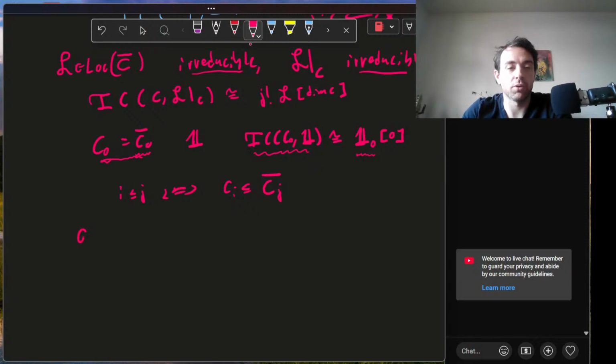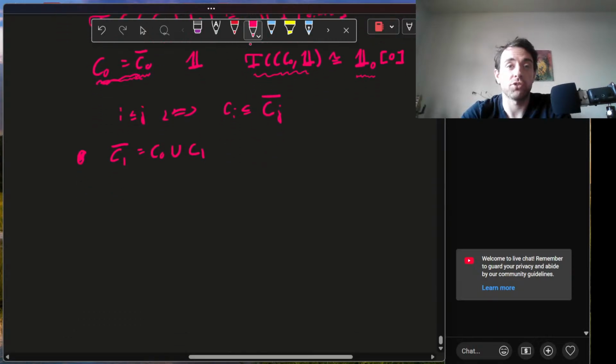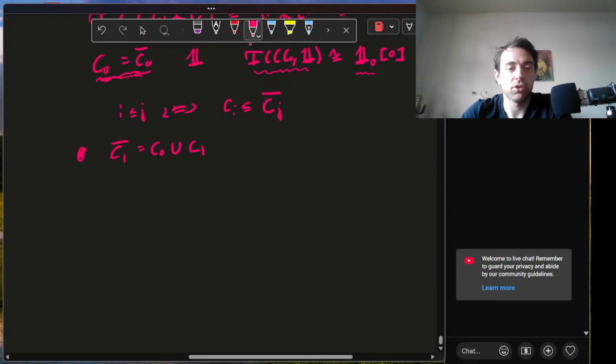So in other words, we saw C naught is equal to its own closure. The closure of C1 is C naught union C1, but we're going to skip that for a second and do the easier orbits first. And then C2 closure is C1 union C naught.